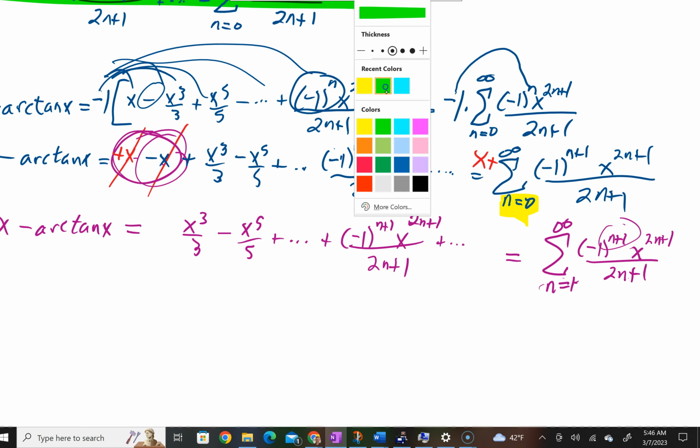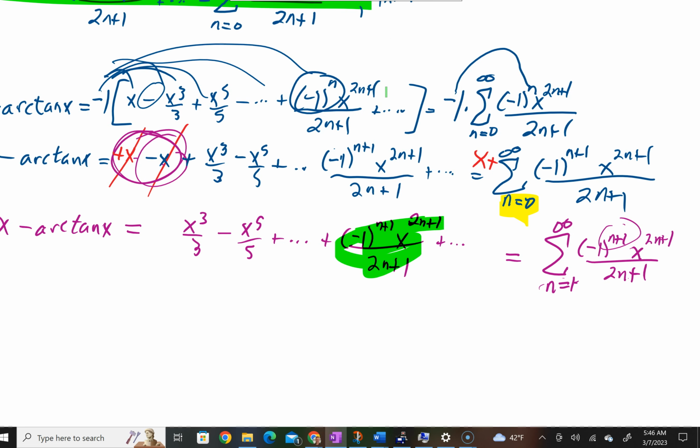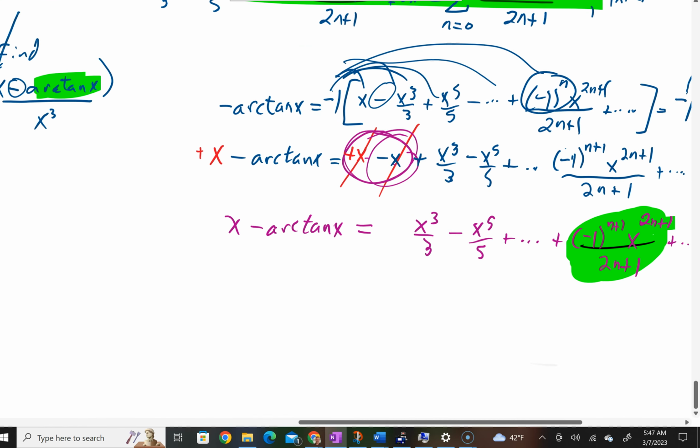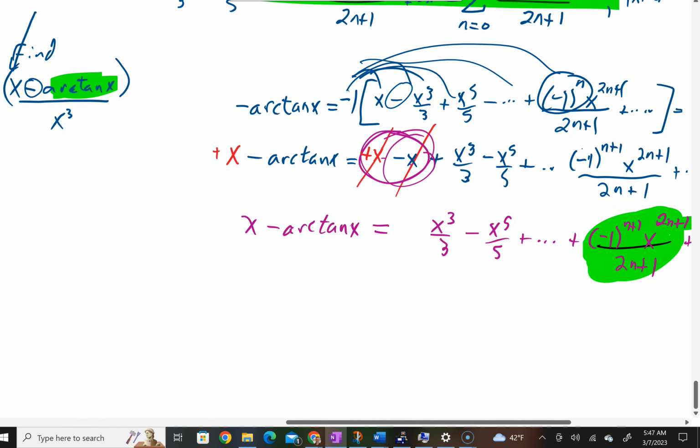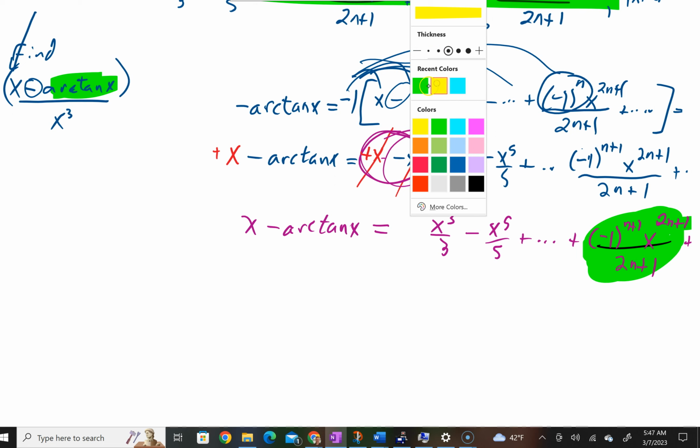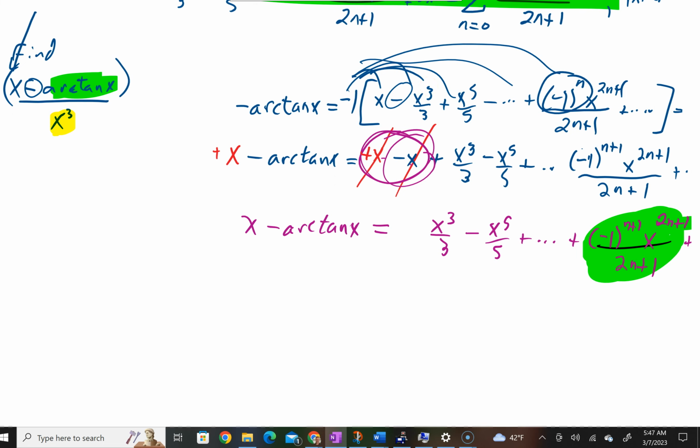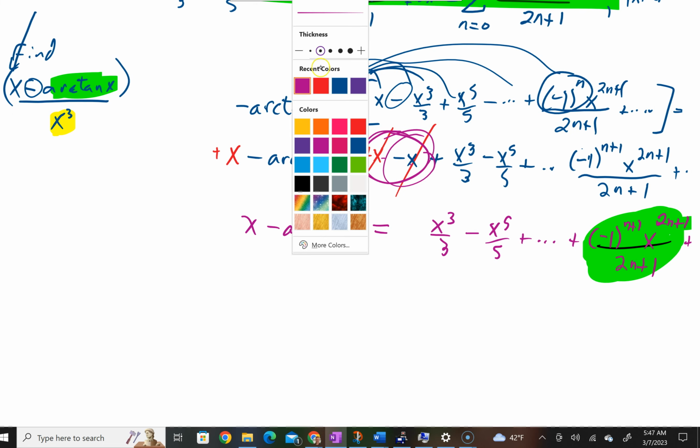So I guess what I also want to tell you, I've been mentioning this, this is so critical. The nth term is going to be showing up inside of sigma. Sigma is always that nth term, right? Well, wow, we're almost done. We've got one last thing we've got to do, and that is you got to divide by x to the third.